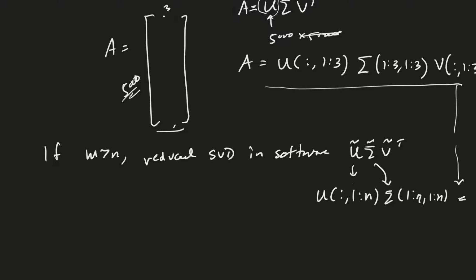Okay? So keep that in mind. Now what I will typically do is when I talk about the reduced SVD, and you'll know which one you're talking about. If you're not sure which one I mean when I say reduced SVD, just ask.